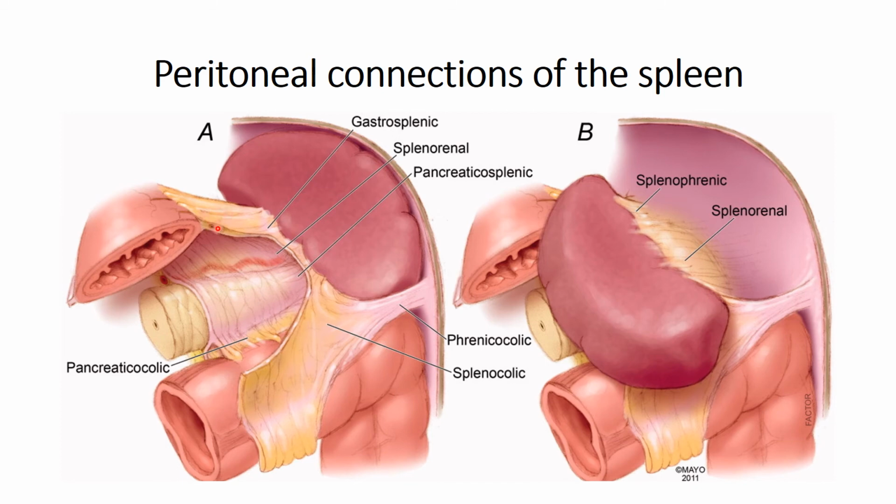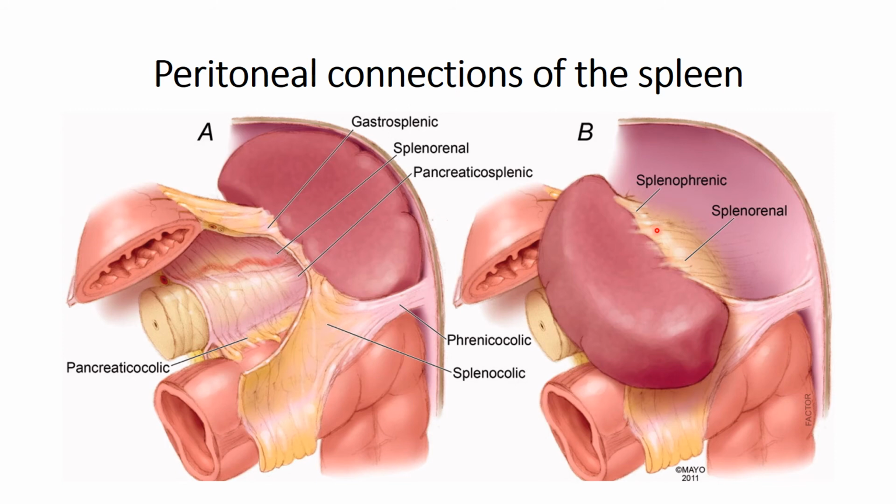And in this gastrosplenic ligament we can see the short gastric as well as the left gastroepiploic vessels. Now from this lower pole of the gastrosplenic ligament we can see the fan-shaped reflection known as the phrenicocolic ligament, and it also connects the splenic flexure of the colon to the colic impression of the spleen as the splenocolic ligament, a part of this phrenicocolic ligament.